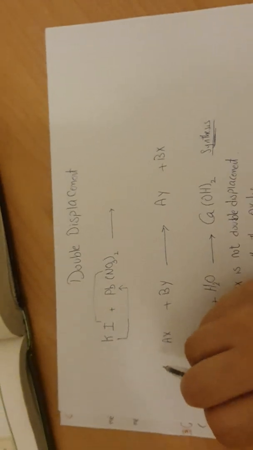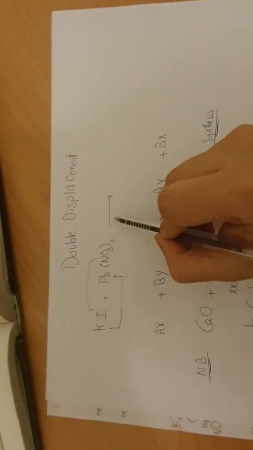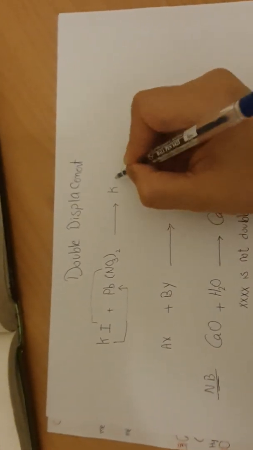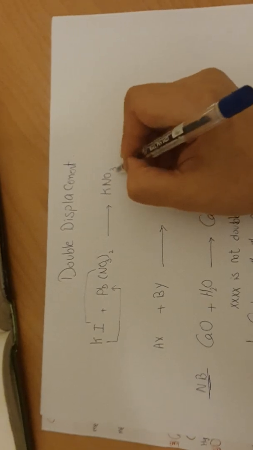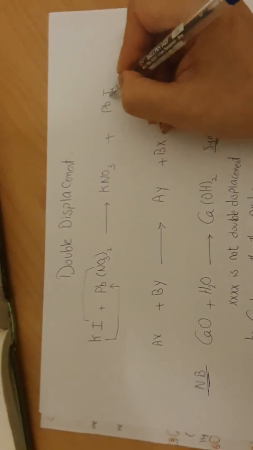You will find that you are only switching them. So it will be the potassium with the nitrate and the lead with the iodide.